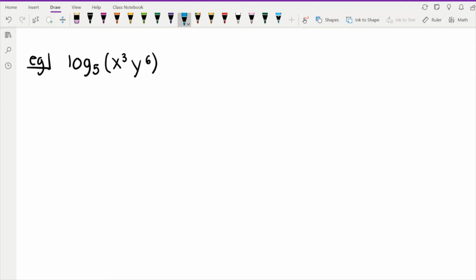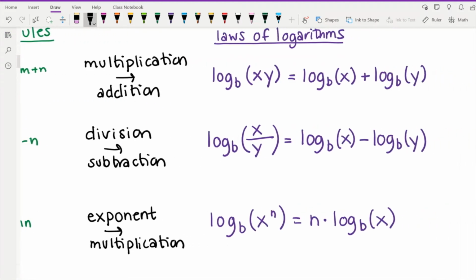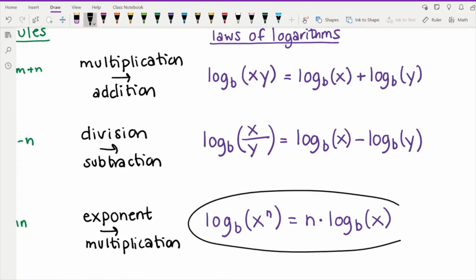In this case, we have exponents on our variables, and that tells us that we're going to eventually use that rule where we bring the powers down. But first, we need to split this up. The reason we need to split it up using the multiplication to addition rule first is that you can only use this last rule if you have one item raised to a power.